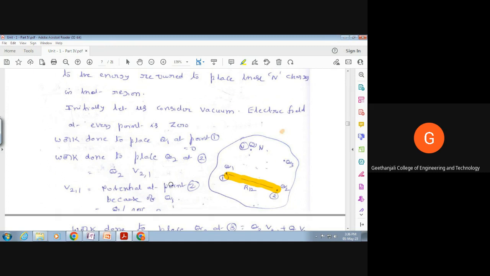The work done to place Q2 at point 2 is equal to Q2 into V21. What is V21? V21 is the potential at point 2 created by the charge Q1. Suppose the distance between 1 and 2 is R12, V21 is equal to Q1 by 4 pi epsilon naught R12. The potential at point 2 which is created by Q1.